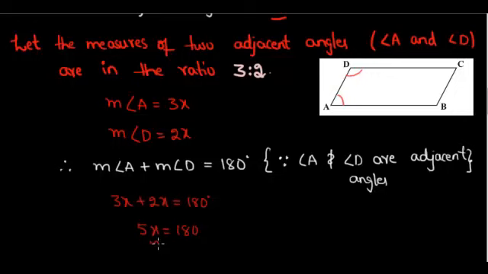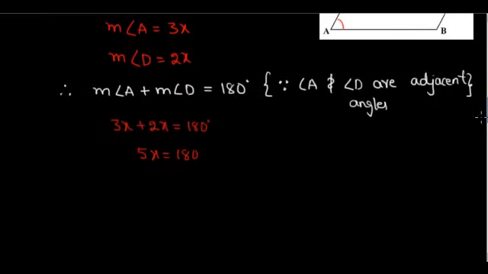To find the value of x we have to divide both sides by the coefficient of x, that is, we have to divide both sides by 5. After dividing both sides by 5 we get the value of x as 36 degrees.